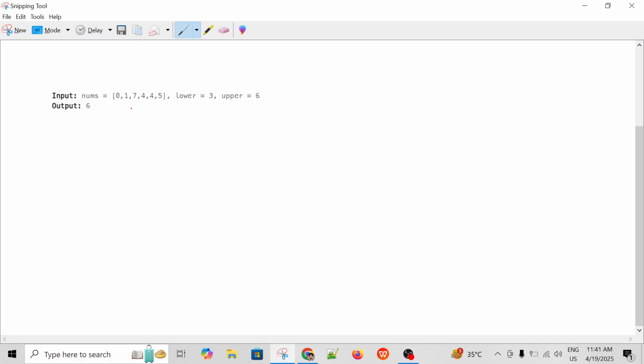So this is the problem, and let's see if sorting works: 0, 1, and then 4, then 4 and 5, and then 7, and the range is from 3 to 6. It should lie between 3 and 6 inclusively.